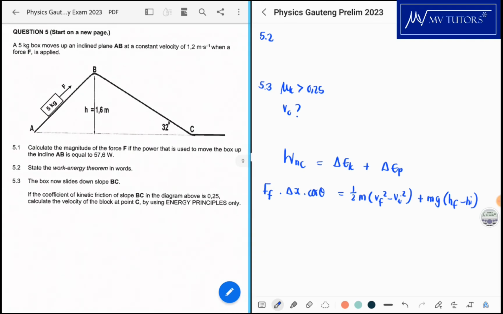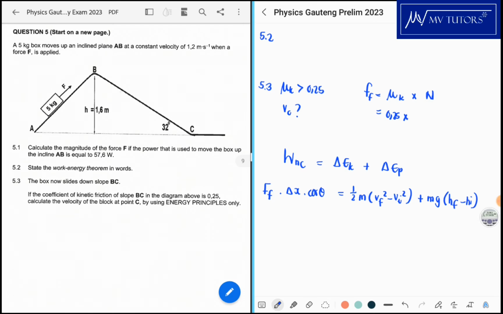We know the coefficient. Okay, so force of friction is equal to the coefficient of kinetic friction times your normal force. They said it's higher than 0.25, but in this case, honestly, I'm just going to use 0.25. So we have 0.25 multiplied by the normal force.